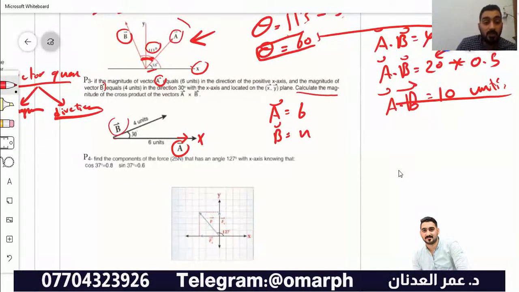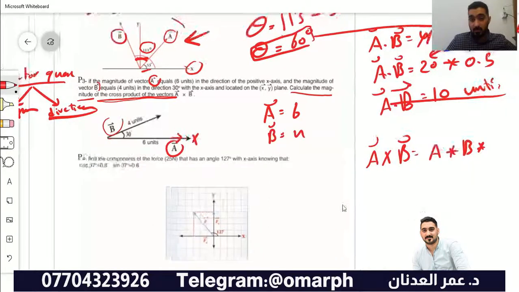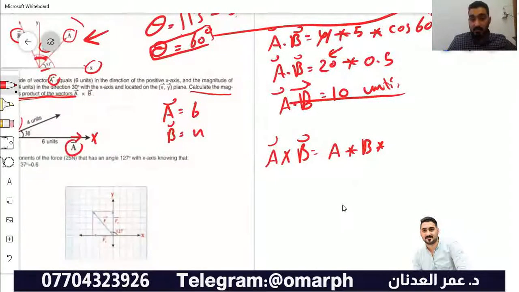Calculate the magnitude of the cross product vector. That is very easy. He needed from us to get the cross product of A vector and B vector. We must use the law of cross product. That means vector A cross vector B equals A times B, and use sine theta.